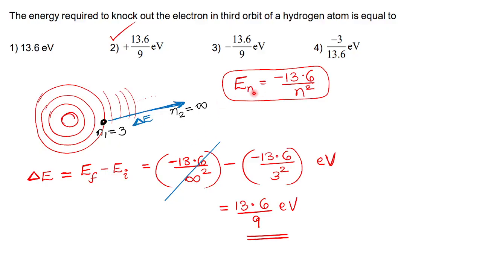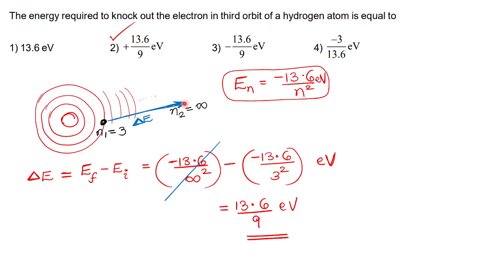The energy of the electron in the nth energy state is minus 13.6 by n square electron volt. We already studied that formula.